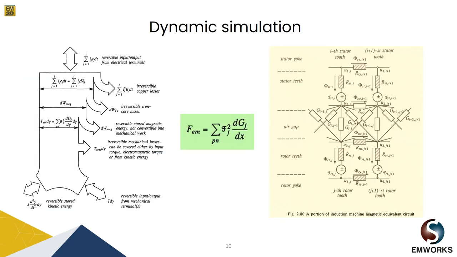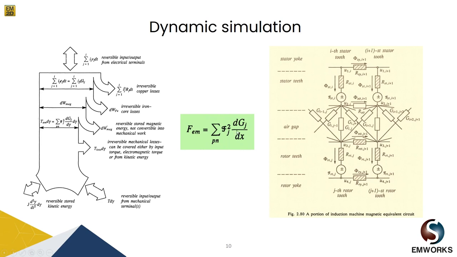In the magnetic equivalent circuit method, we can use the energy balance equation to find the value of electric torque in each time step. Here you can see the equation for calculation of the force, and we have a similar equation for the calculation of the torque.